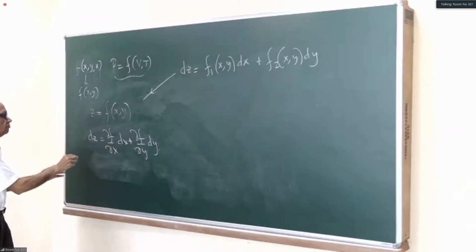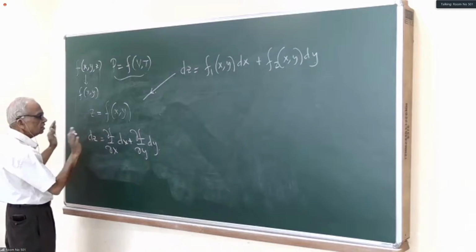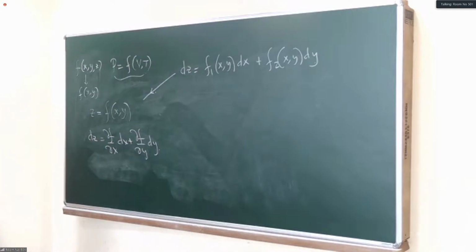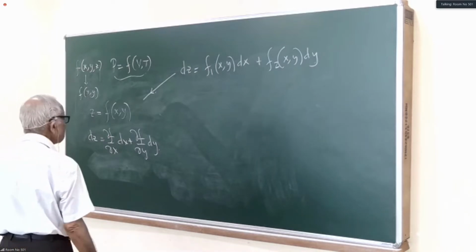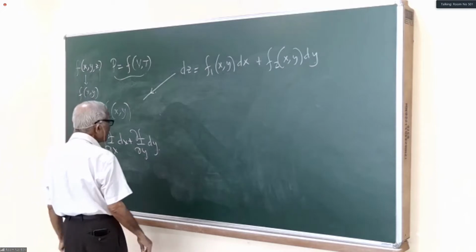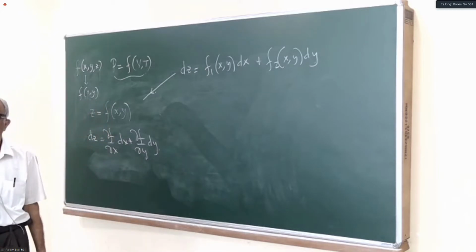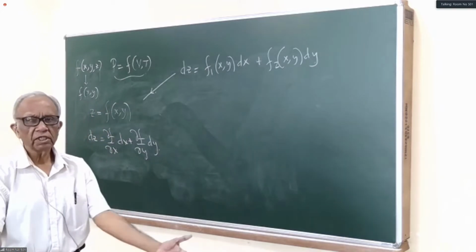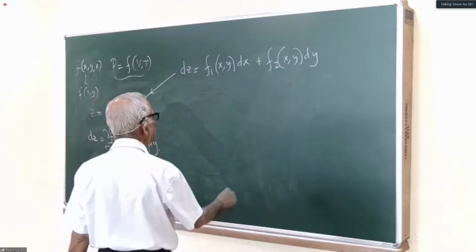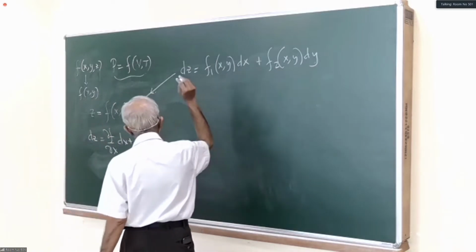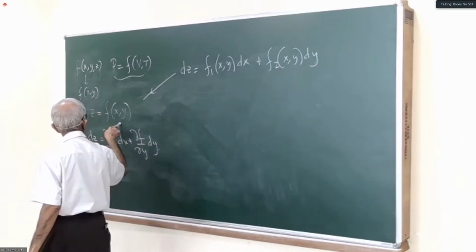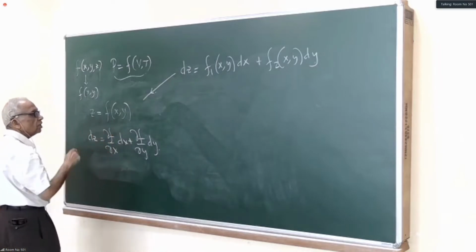So from this follows, if f of x,y is a nicely behaved function and I don't have problems with the derivatives. But now I'm asking you a reverse question. I have told you that dz is equal to this plus this. Can you give me this function f of x,y?